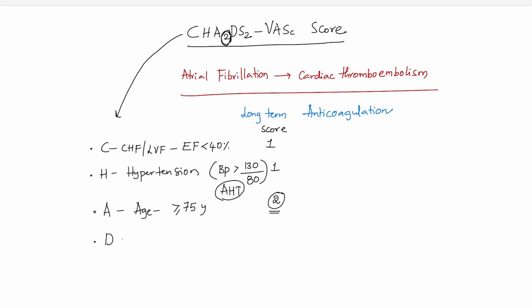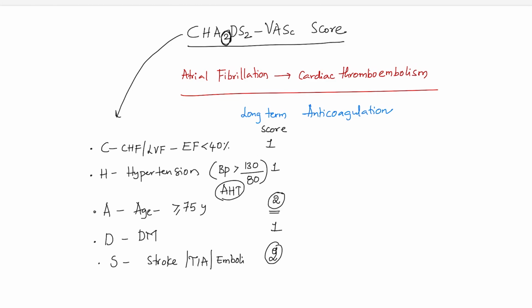Next is D, one more important comorbid condition, that is diabetes mellitus, wherein you give a score of 1. Then S is either stroke or any transient ischemic attack or any history of embolism in the past. All these will get a score of 2 again, right?